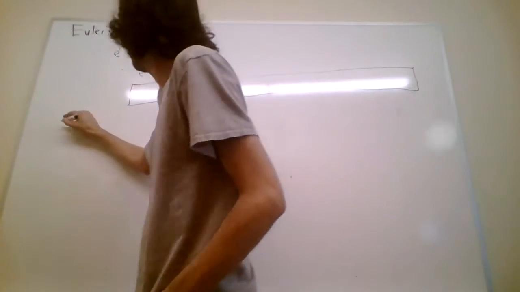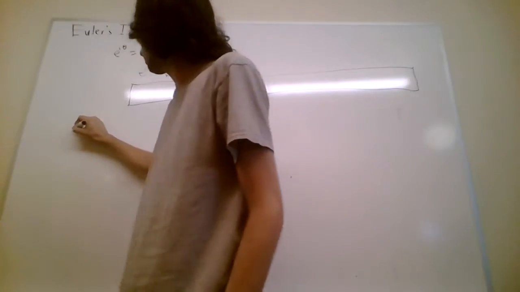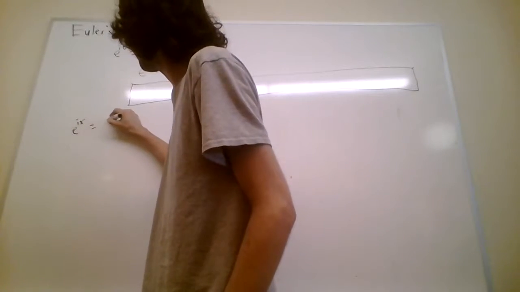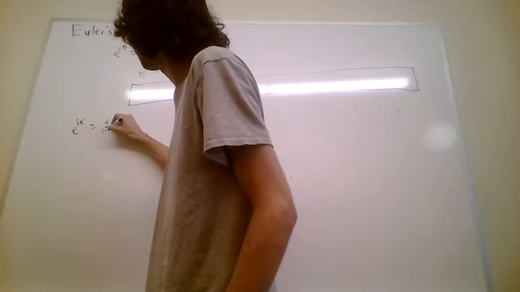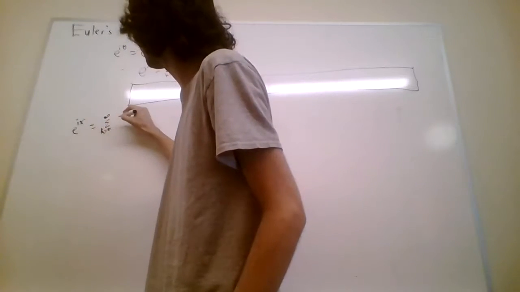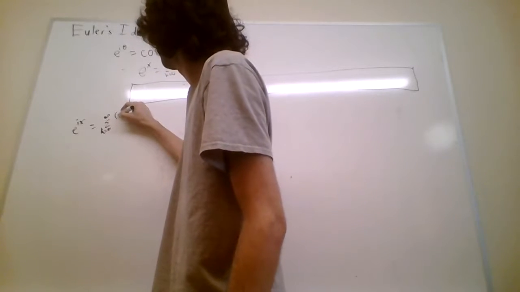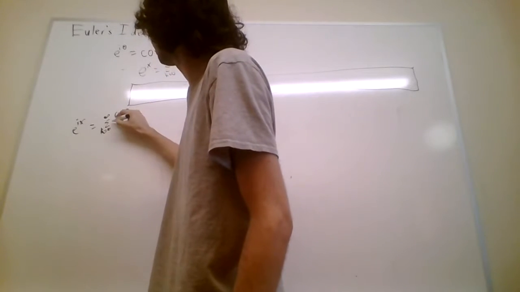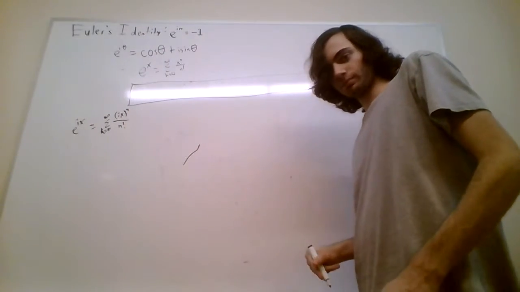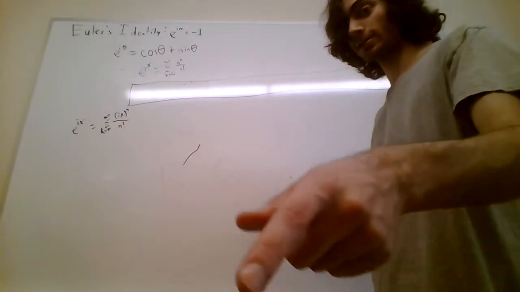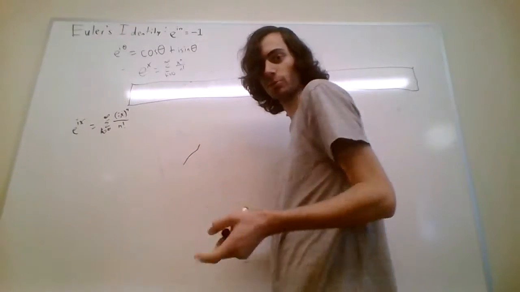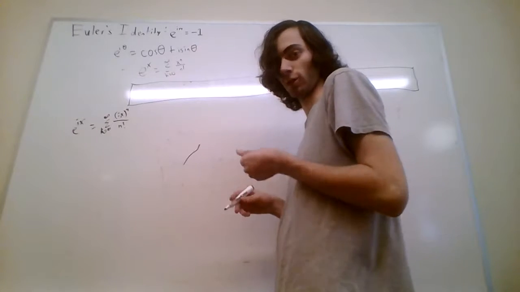So I'll do this right here. e to the ix is equal to the sum from 0 to infinity, I'll use a k for the index, of ix to the k over k factorial. Okay, next what I'm going to do is split this sum into two sums, one with the even terms and one with the odd terms.